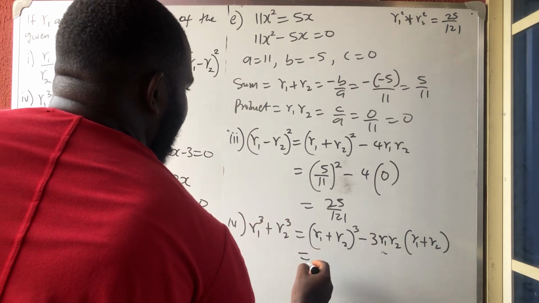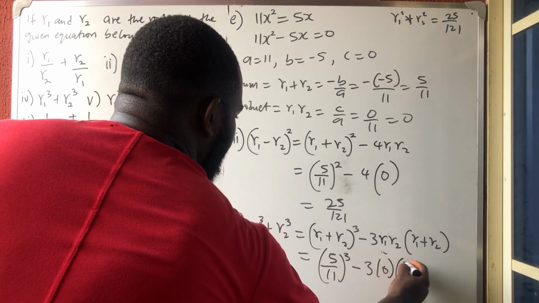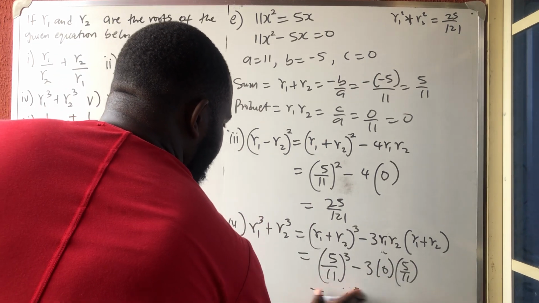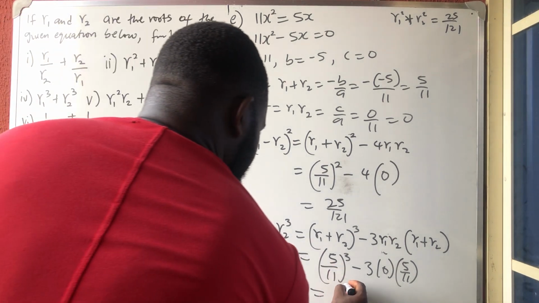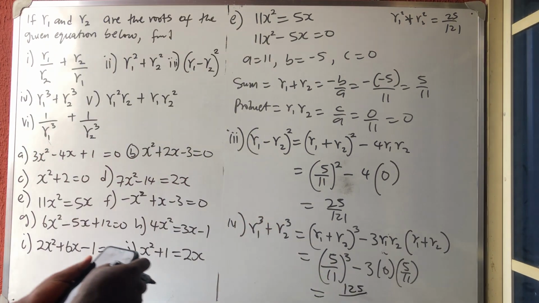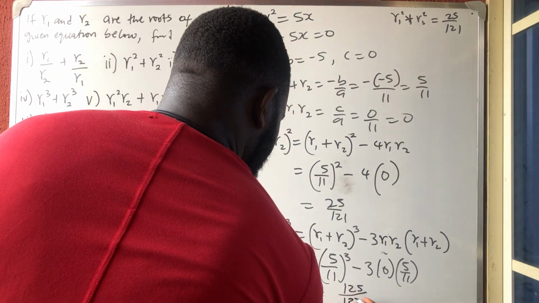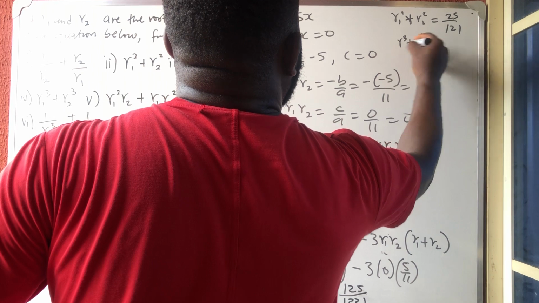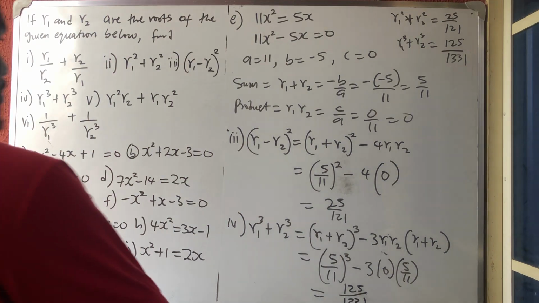Okay, so what am I having here? 5 over 11 all cubed minus 3 into 0 into 5 over 11. 0 times everything is 0, so I'm left with 5 times 5 times 5, that is 125, over 11 times 11 times 11, so I'm having 1331. Okay, so I need this one. That r1 cubed plus r2 cubed gave me 125 over 1331. Okay, so it will help me solve the other one.